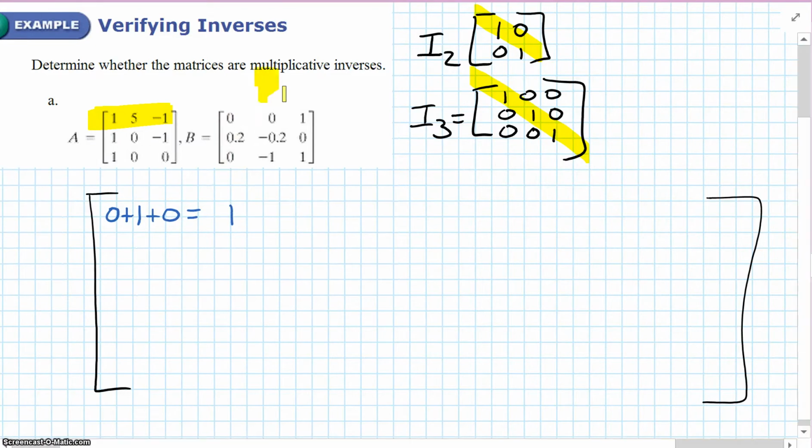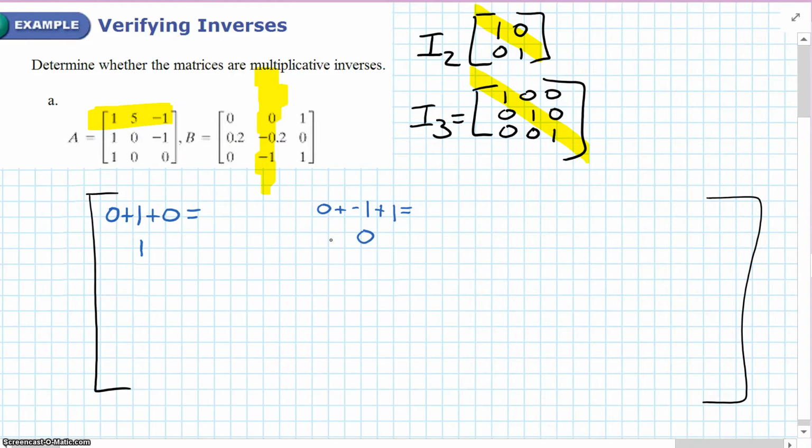First row, second column. 1 times 0 is 0. 5 times negative 0.2 is negative 1. Negative 1 times negative 1 is 1. So you add those together, you get 0. I'm actually going to rewrite those right below so it's a little easier to see.